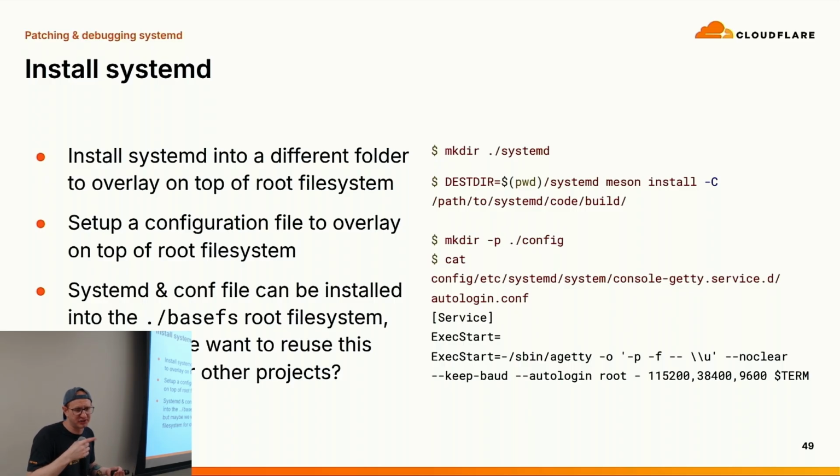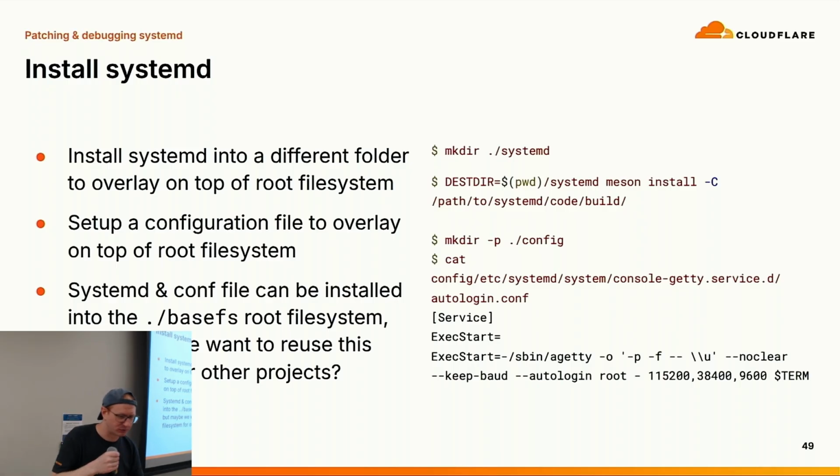So in this case, I'm creating a little auto login configuration file that basically says, hey, when I log into systemd on my computer, after this point, I don't need a password. I don't even need a user. Just put me in root. Just get me in there, right? I want to test stuff. That's basically all that means.